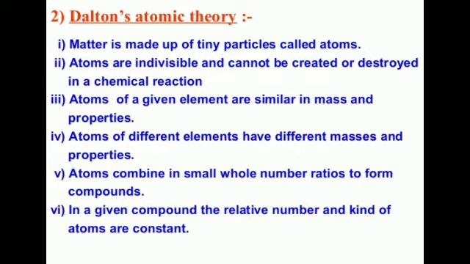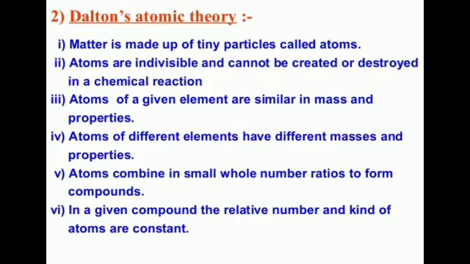That is, if we are talking about a particular element, all the atoms present in that element will be identical in all the properties. Next is, different chemical elements have different kinds of atoms. Clear? So obviously if we are talking about two different elements, their atoms' properties will be different.